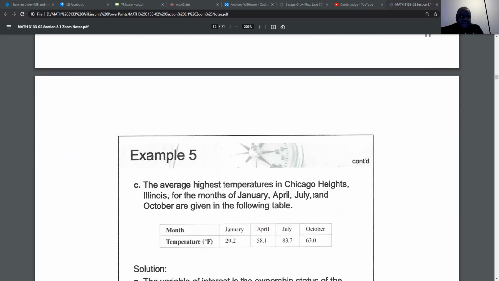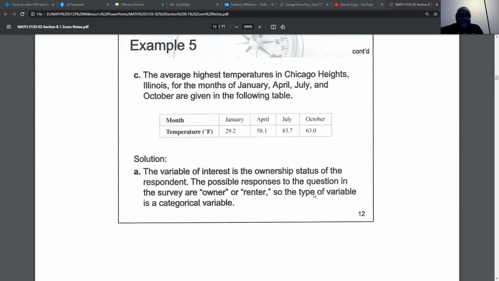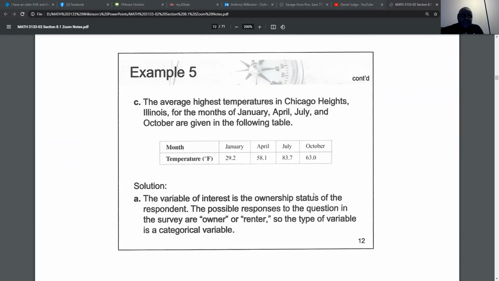Now part C is the average high temperatures in Chicago Heights, Illinois for the month of January, April, July, and October. And they're given in that table. So in Chicago Heights, Illinois, and we have the average highest temperature, that's considered to be, of course, numerical because they're measuring temperature, as you can see.